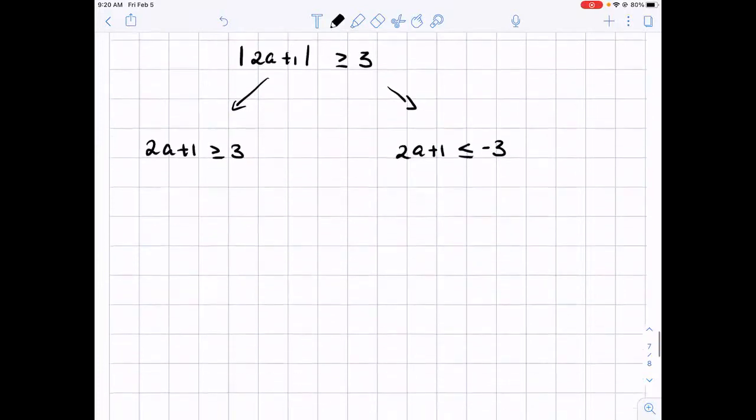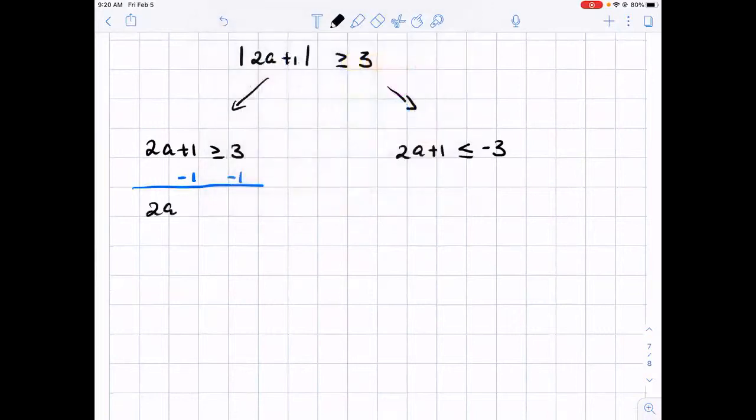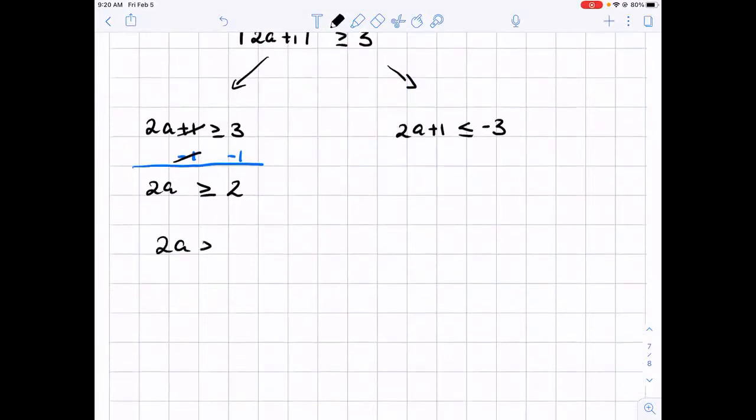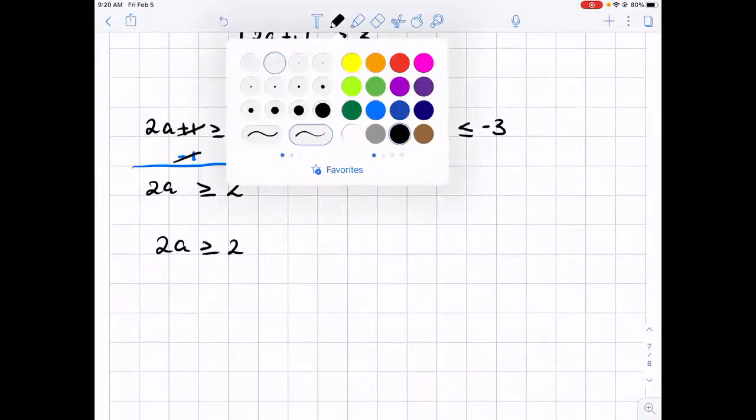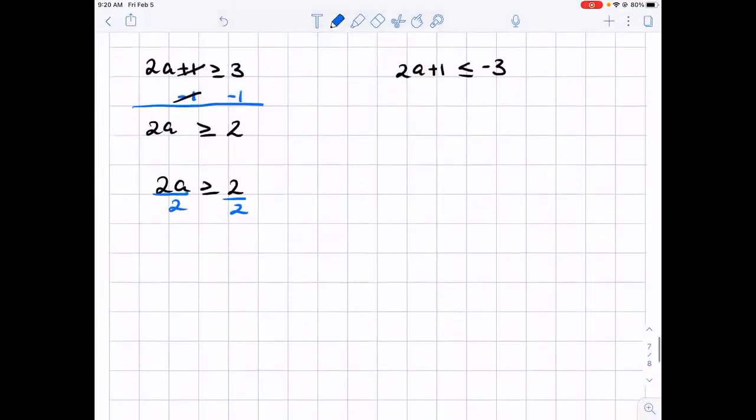Okay. Subtract 1 on both sides. So that leaves me with 2a plus 1 and minus 1 becomes 0, and that leaves me with 2. And then I'll divide both sides by 2. So we have a is greater than or equal to 1.